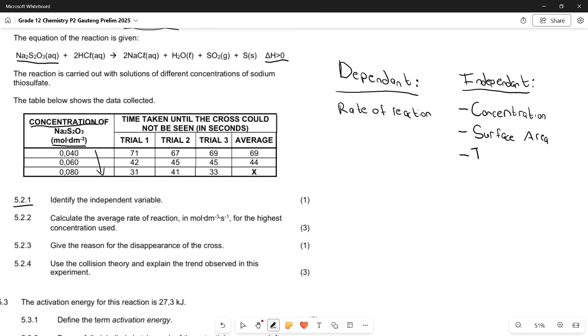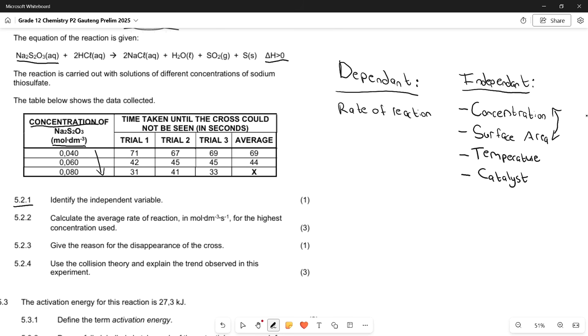We have temperature as well, because if we increase the temperature, we'll have more effective collisions per unit time because we would have increased the kinetic energy. And then last one is a catalyst. It doesn't increase the kinetic energy or increase the amount of particles like surface area and concentration, but a catalyst does lower our activation energy so that the reaction can take place quicker.